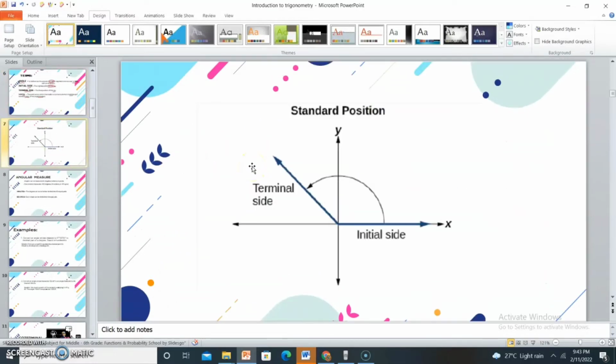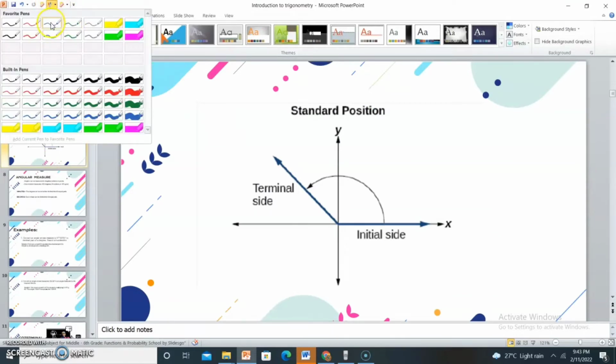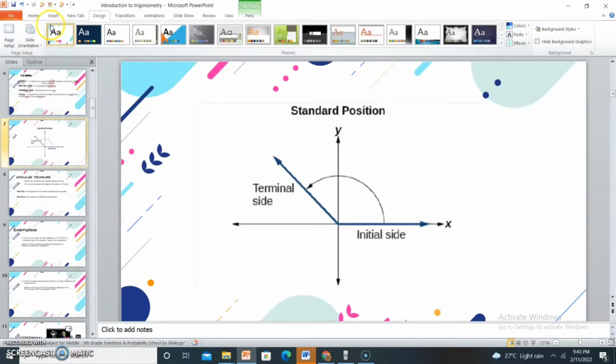So this is an example on the Cartesian plane of the standard position of the terminal side and initial side. The initial side is on the x-axis, and it rotates to the terminal side.